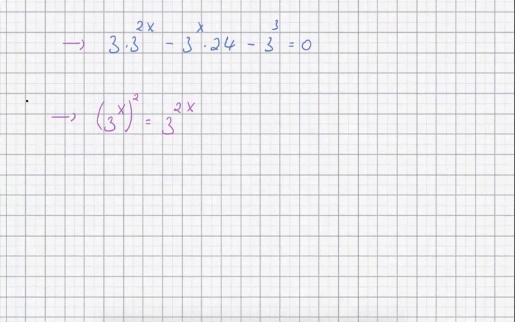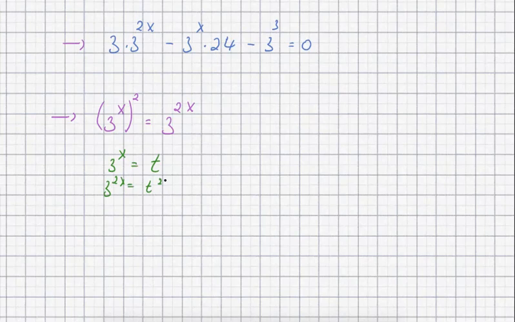By the 3 and the third. Yeah. So 3x is actually t. And if 3x is t, so 3 by the power of 2x is t by the power of 2. Got it.